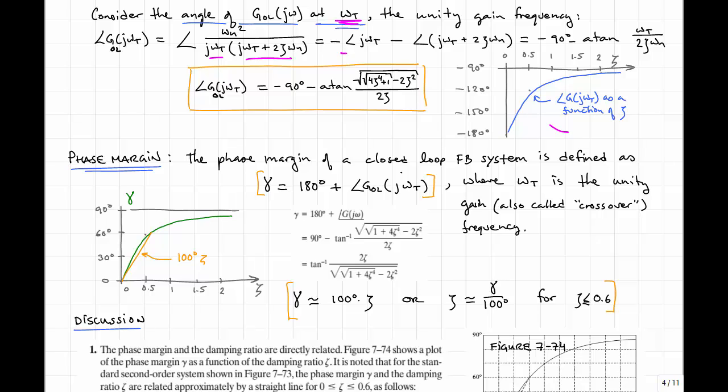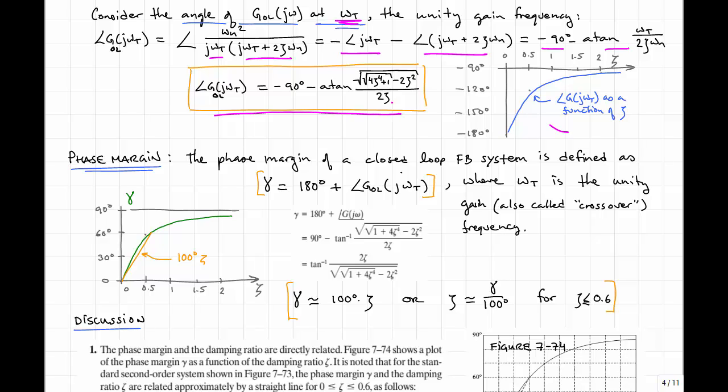And so we have two angle contributions. The first, due to the pole at the origin, is -90 degrees. The second contribution is minus arctan of omega t over 2 zeta omega n. We substitute in for the expression for omega t, and we arrive at this expression here.